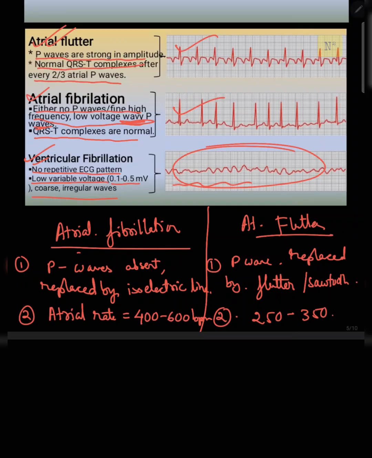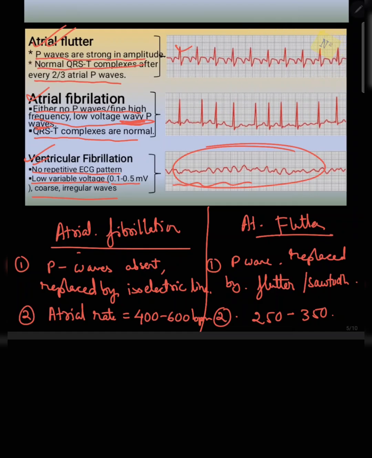That means this one has a little lesser rate of beat, and this one has a higher rate of beat. So you will get a sawtooth appearance in this. It looks like a sawtooth. This one doesn't look like a sawtooth, but sometimes you will see the P waves changed into an isoelectric line somewhere.